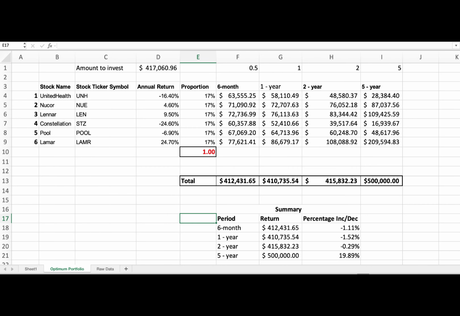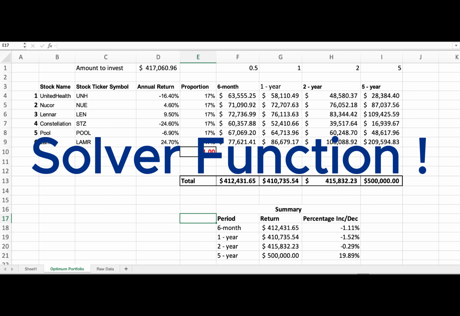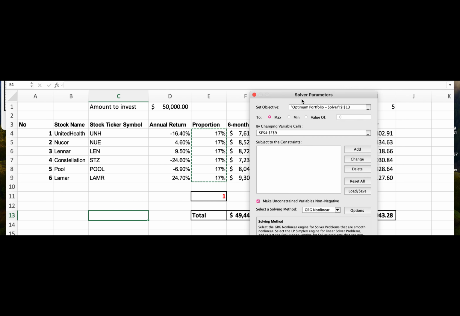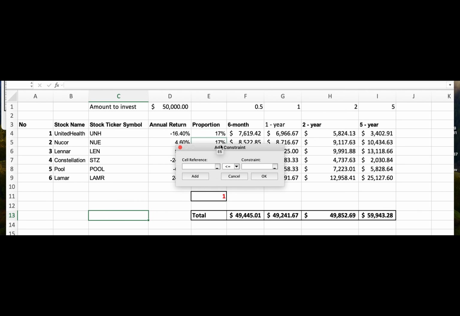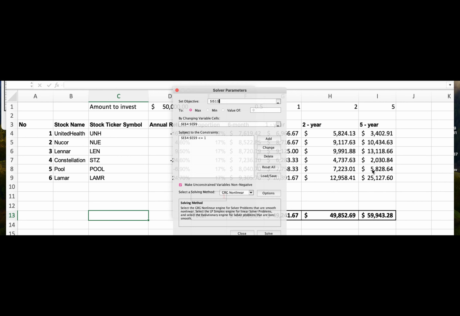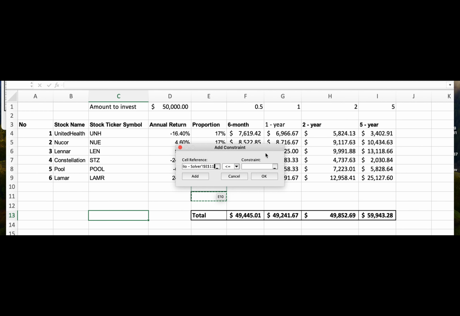So there has to be some sort of improvement that we can do. Another famous methodology that I used in Excel would be the solver function, where we can see what type of optimum portfolio we can use in order to gain the maximum value, based on the fact that we've started with $50,000 and eventually we want it to be a max.